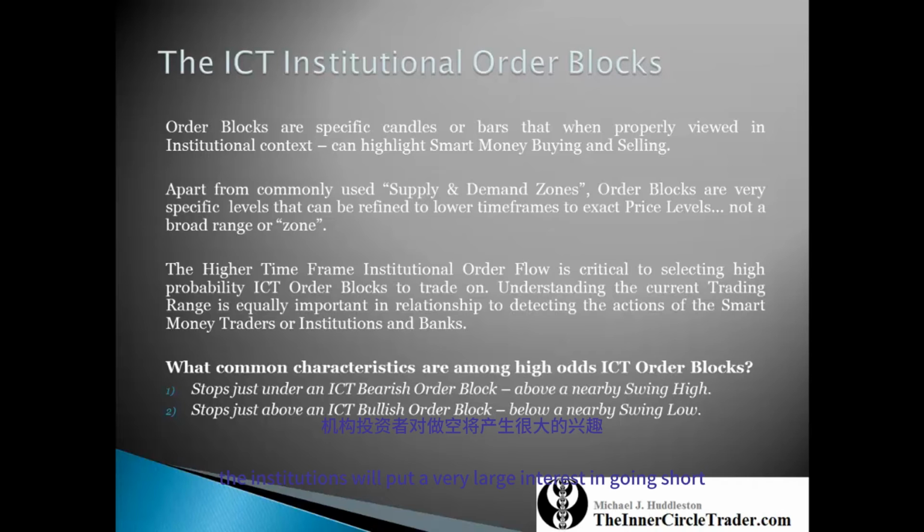In other words, the institutions will put a very large interest in going short on that particular market or asset and drive the market to where the swing low and subsequent sell stops would be.